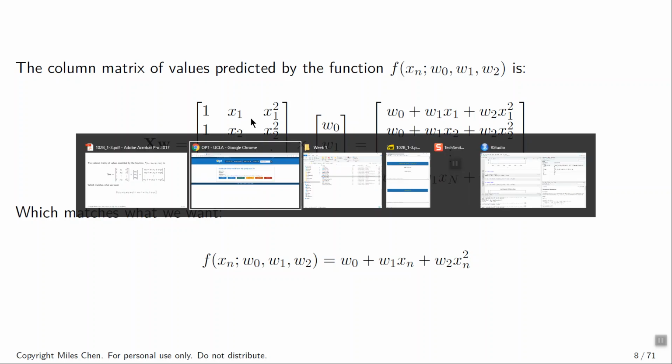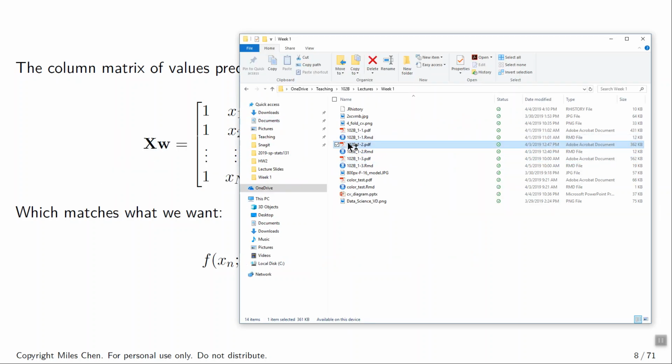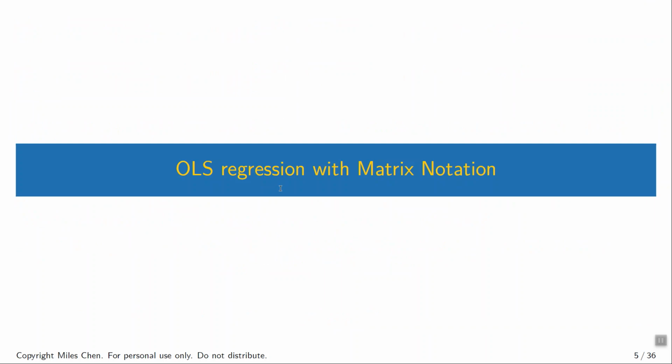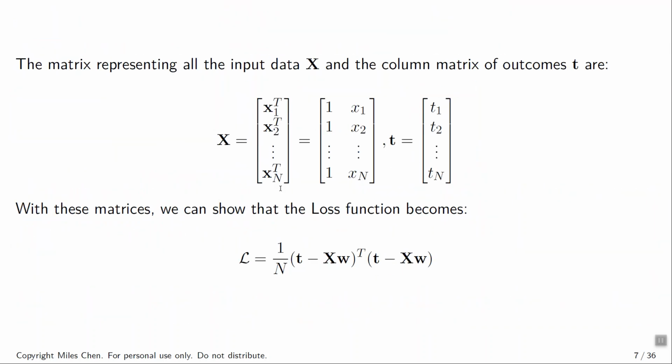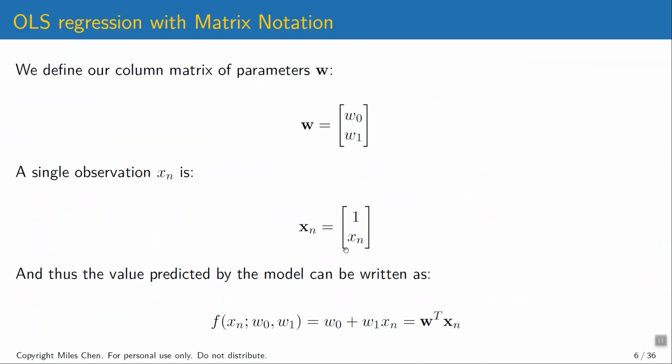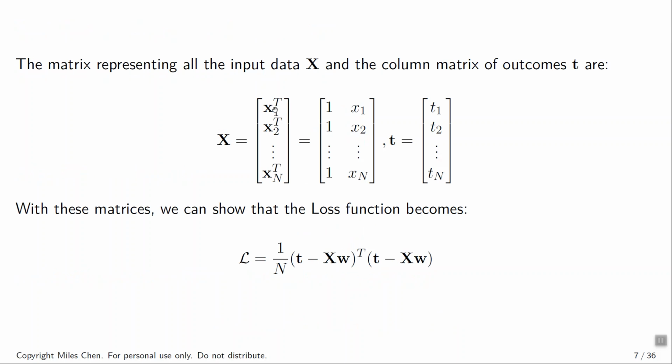Let me quickly go back to Wednesday's lecture. So X looks like this. Xn looks like this. Now we just have 3 values in it, 3 by 1 rather than 2 by 1. And then our X matrix is each of those things transposed, so it becomes this. Is that okay? All right.